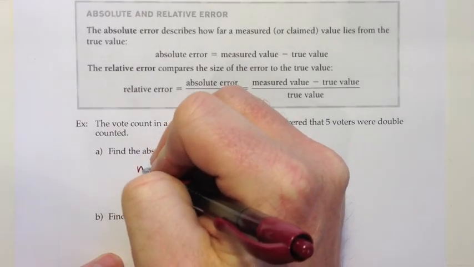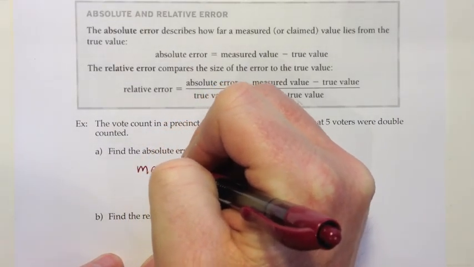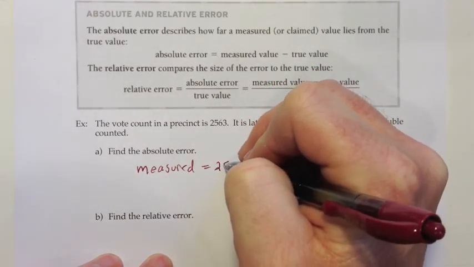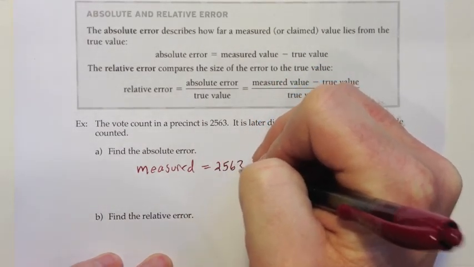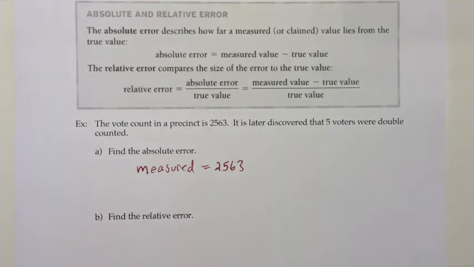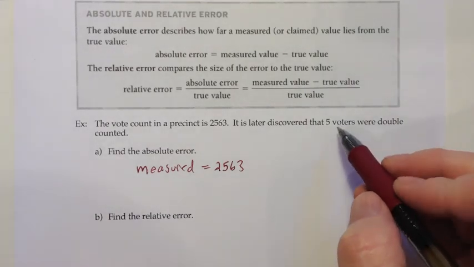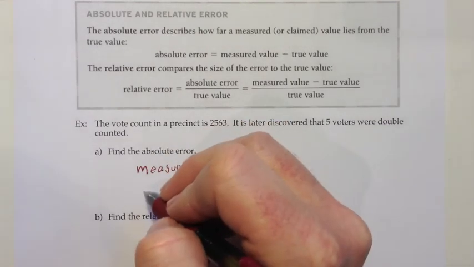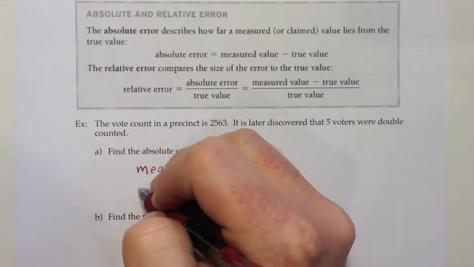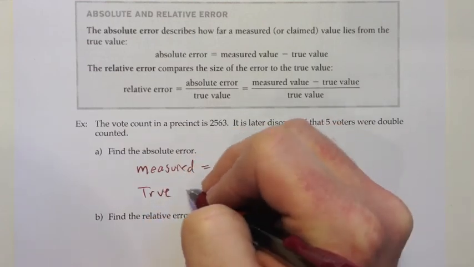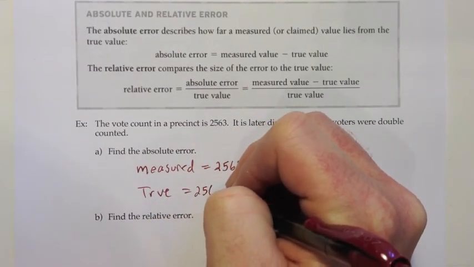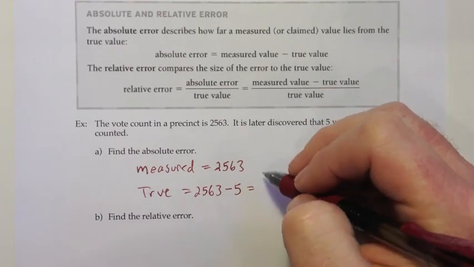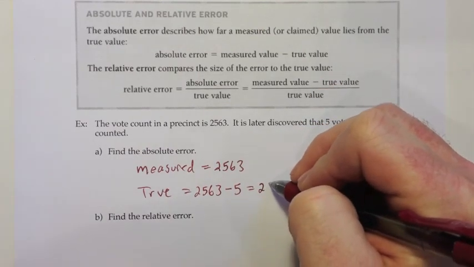So first of all, we have the measured value. They went out and they counted the votes, and they counted it as 2563, just kind of like the label on the hamburger package. But it says 5 voters were double counted. So that means that when we go to get the true value, we would take that 2563 and we would have to subtract 5, and what would that give us? 2558.